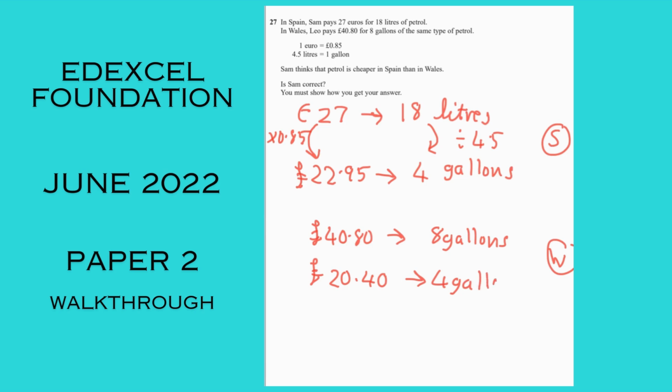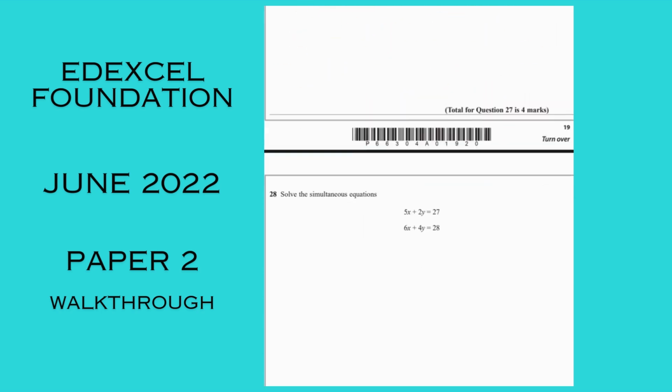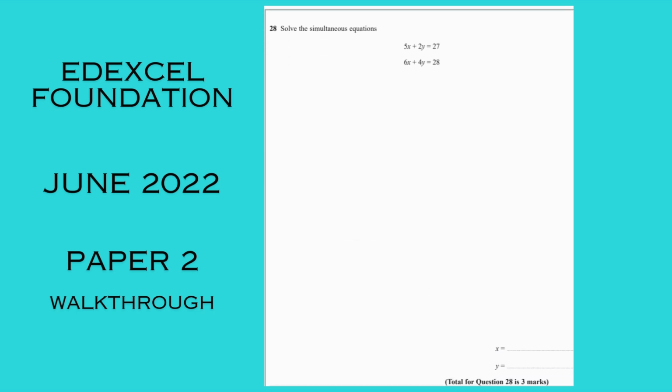In Wales it's £20.40 for 4 gallons. Sam thinks it's cheaper in Spain. Nope. You could stop there. It was like a full sentence. If you want to go even further and say by how much or whatever, feel free. I'll not bother.